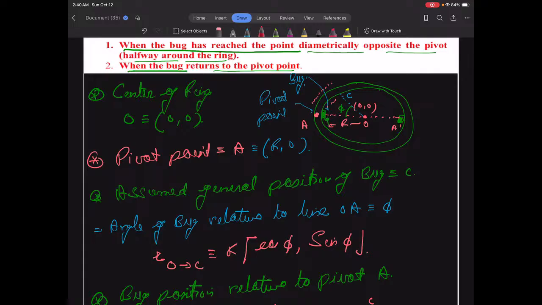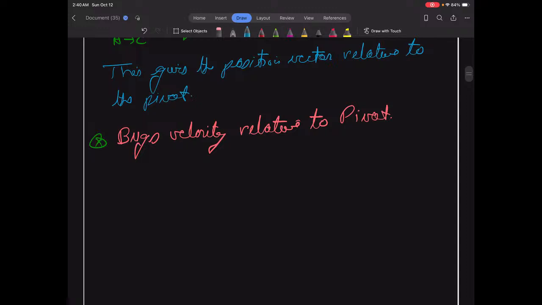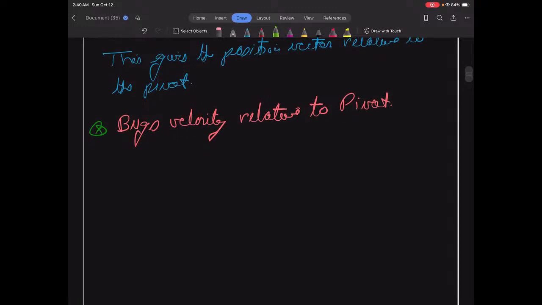So we have to find out the absolute velocity of the bug in the initial frame, and that will be with respect to two contributions.